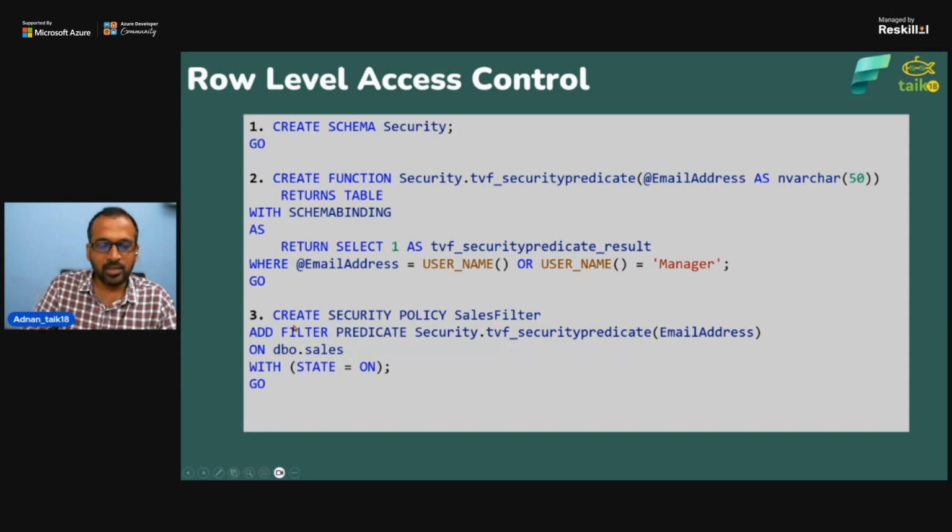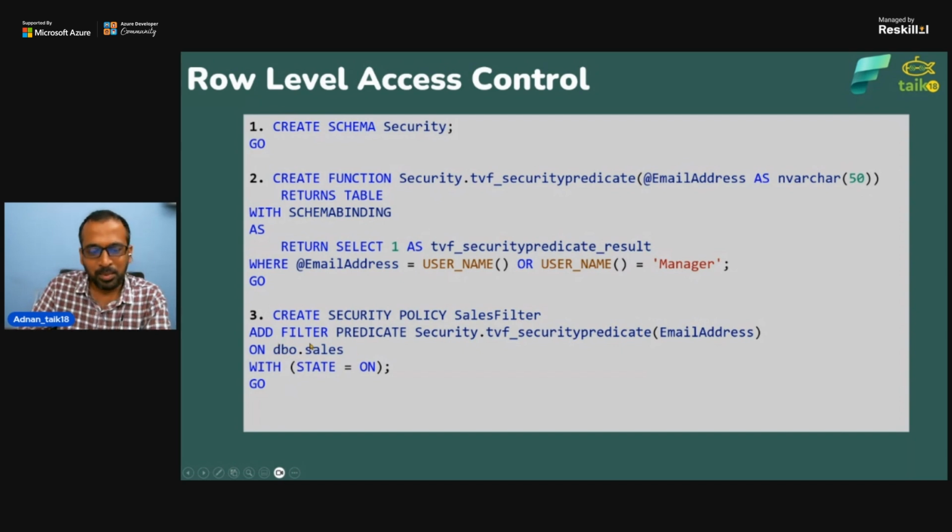And finally, we need to create a security policy, because we have created a schema and a security function. If you want to adopt that policy, that's how SQL row level security works, then we have to apply the policy to the table. So create security policy sales filter, that's the name I have given here. Add filter predicate security.security predicate email address, which is the column name, on dbo.sales here.